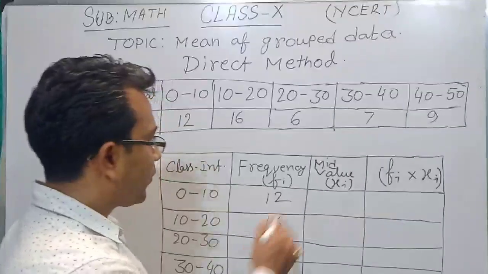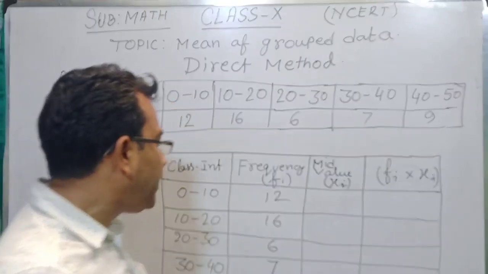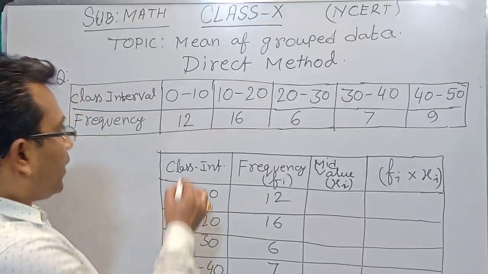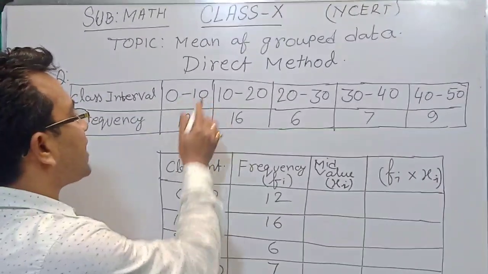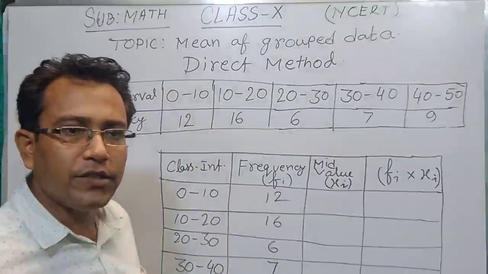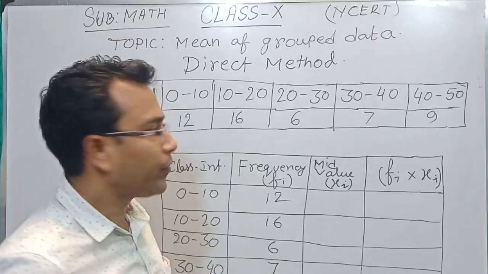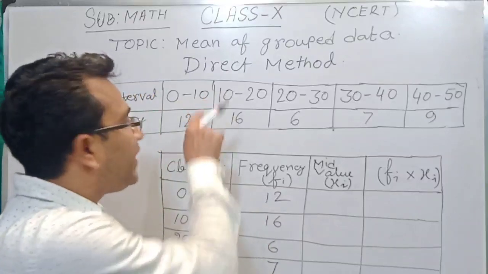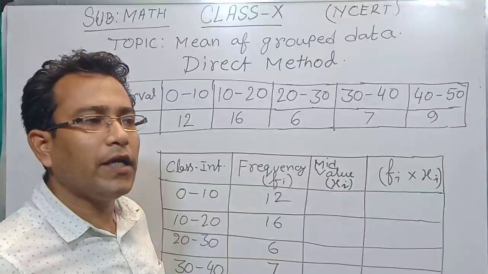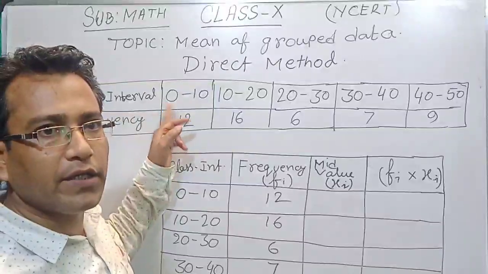Here, to calculate the mid value, we know this class interval is from 0 to 10, where the lower class limit is 0 and upper class limit is 10. So the width of this class is 10, that is upper limit minus lower limit.